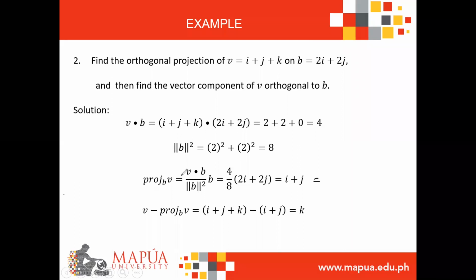For the projection of v onto b, that's 1, 1, 0, which is the same as my answer. Then for the vector component of v orthogonal to b, we have k, so it is also written as 0, 0, 1 in bracket notation. So that's how we solve this problem.